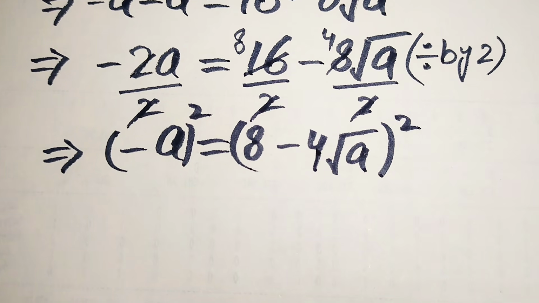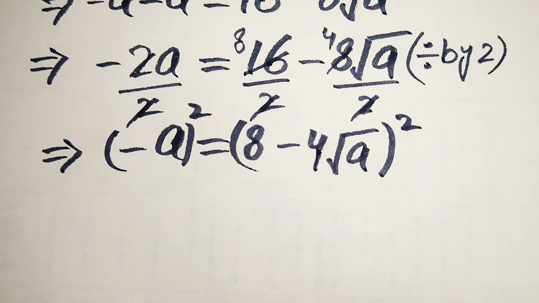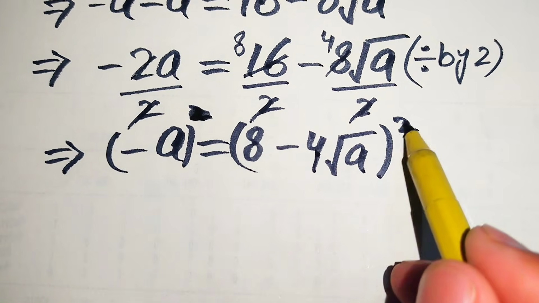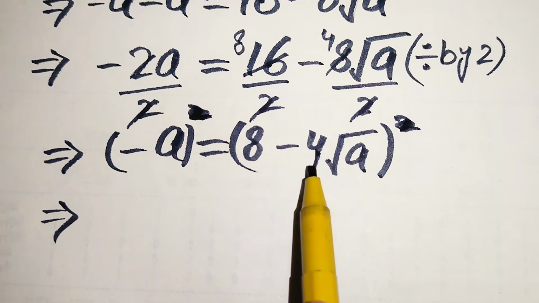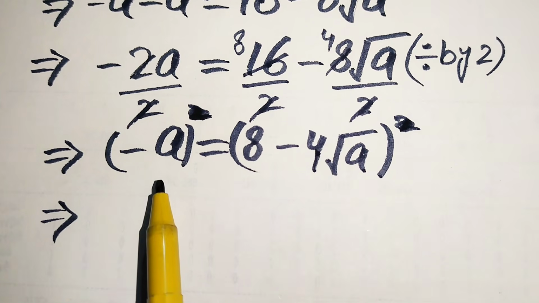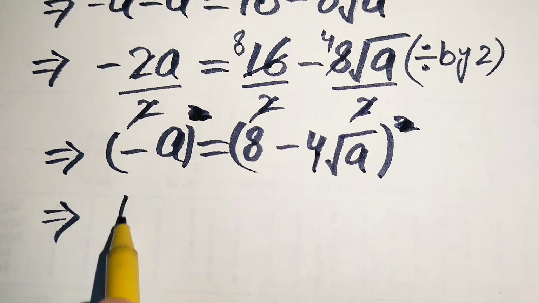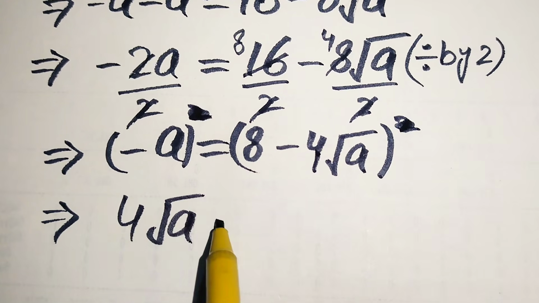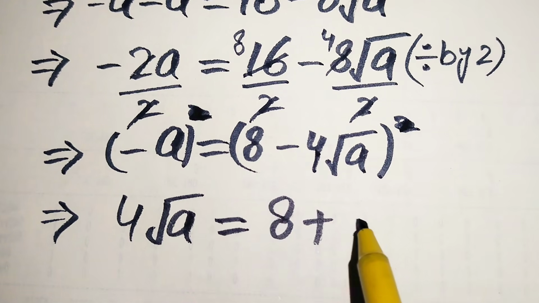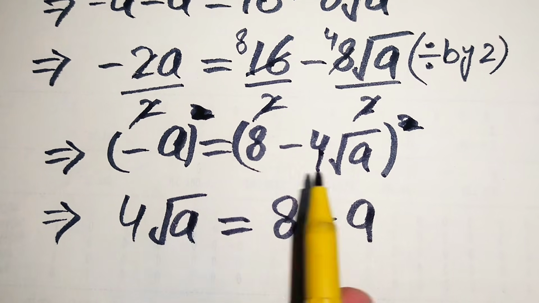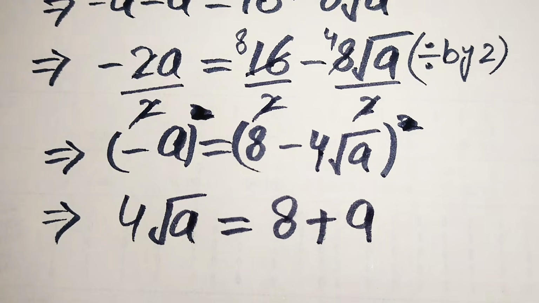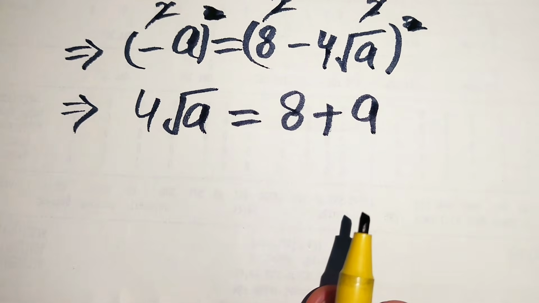So in order to apply this square sign, first we need to separate this square root term. So we move this minus 4 times square root of a to the left hand side, and we move minus a to the right hand side, and we get 4 times square root of a is equal to 8 plus a. So after this step it is easy to remove the square root sign, but if you take squaring here directly, then it is very difficult to remove the square root sign.